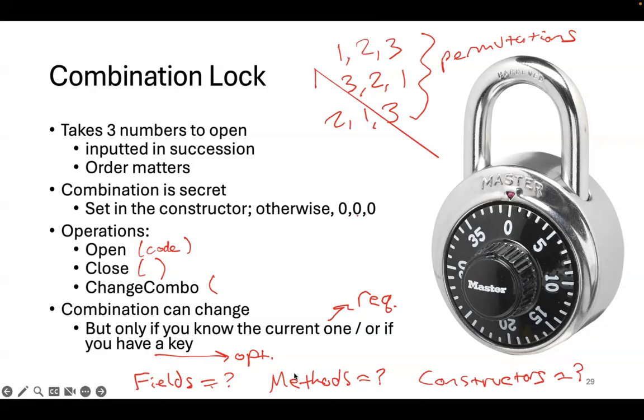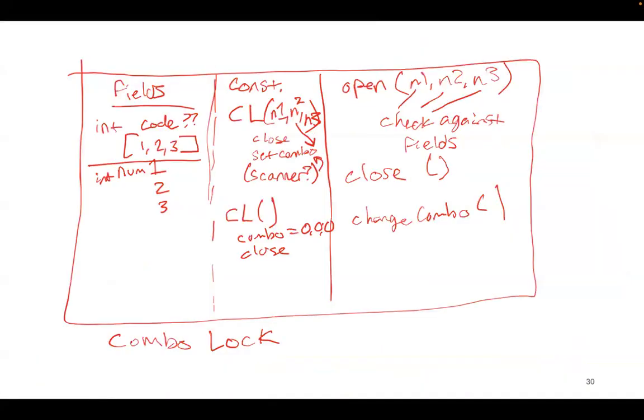And so I asked you to think, what are your fields? What are your methods? What are your constructors? And we came up with some ideas where there's options here where we can store the field as an array, or we can store the field as a series of integers.